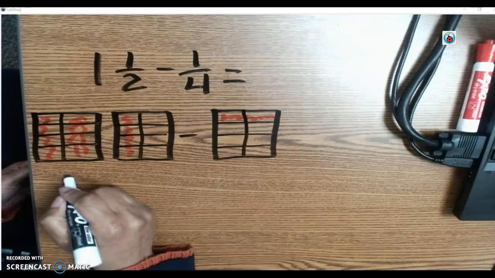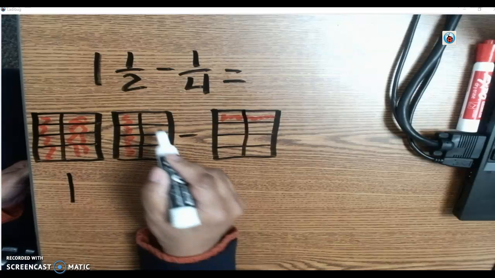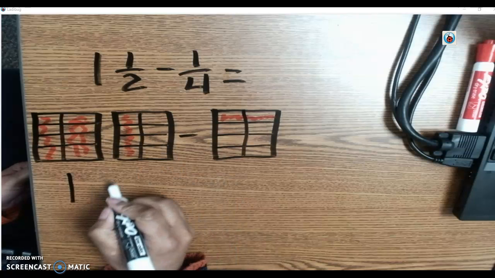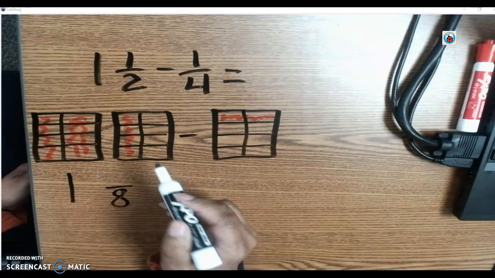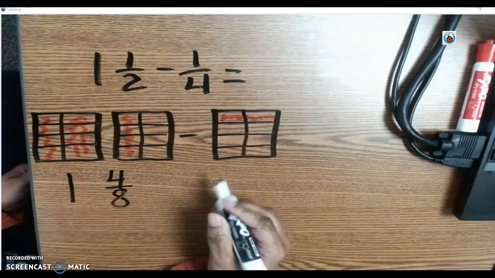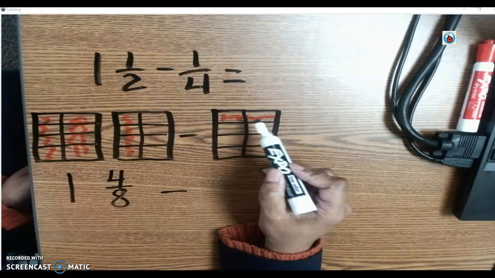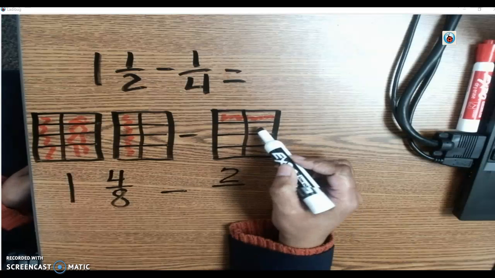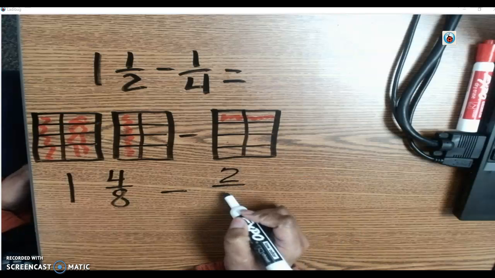So this is still one whole. And then we have 1, 2, 3, 4, 5, 6, 7, 8. We have eighths. 1, 2, 3, 4. 4 eighths minus 1, 2, shaded, 3, 4, 5, 6, 7, 8.